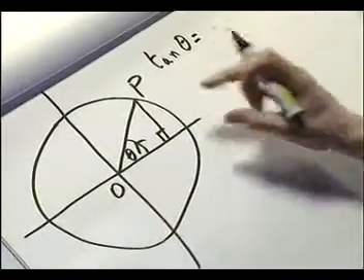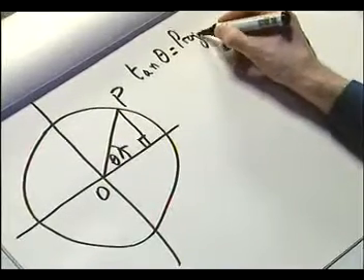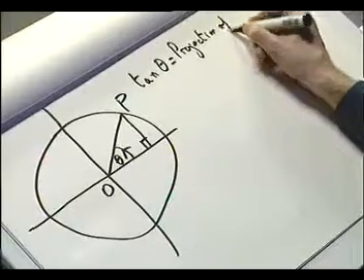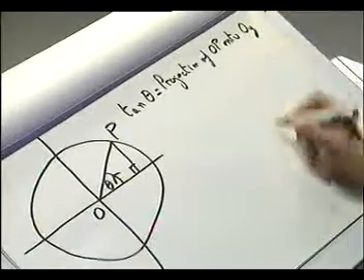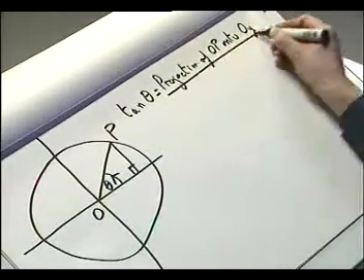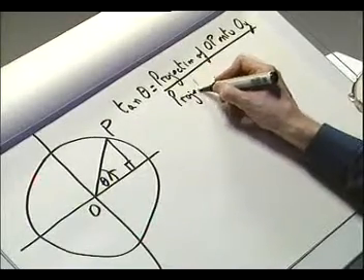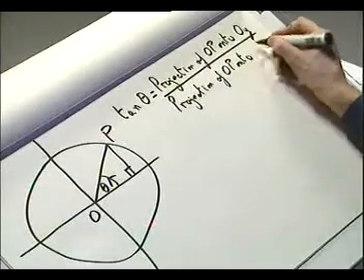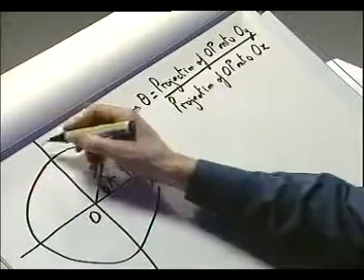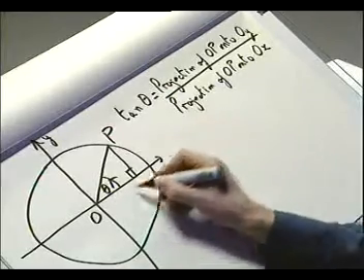Tan theta equals, so the opposite side we have replaced by the projection of OP onto OY, divided by, now for a right-angled triangle it would be the adjacent side, and that adjacent side has been replaced by the projection of OP onto OX. Well, let's remember OY is the y-axis, OX is the x-axis.